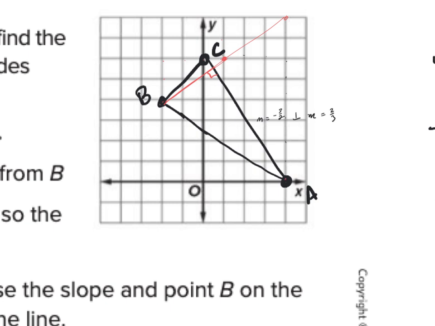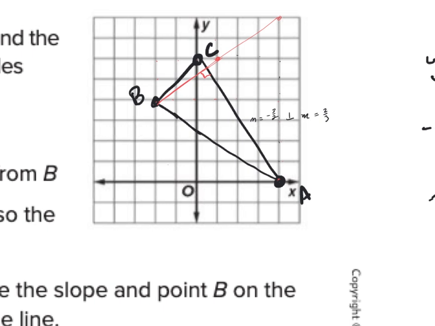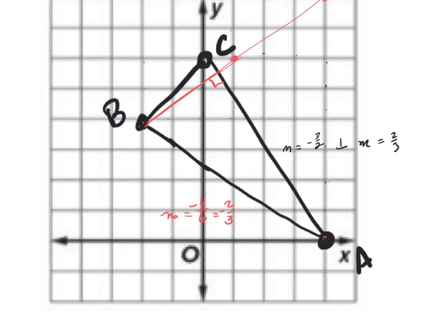From A, it's up 1, 2, 3, 4 and over 1, 2, 3, 4, 5, 6. So the slope of this line is 4/6, negative 4/6, or negative 2/3. Then the perpendicular slope would be 3/2.